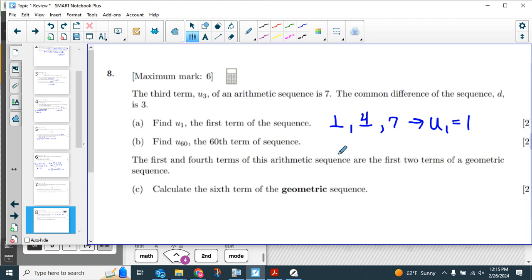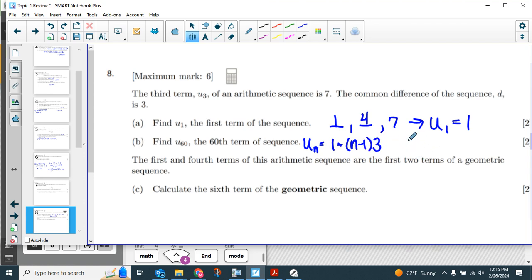All right, so now find u sub 60, the 60th term. We now know that u sub n is equal to u sub 1, which is 1, plus n minus 1 times d, which is 3.